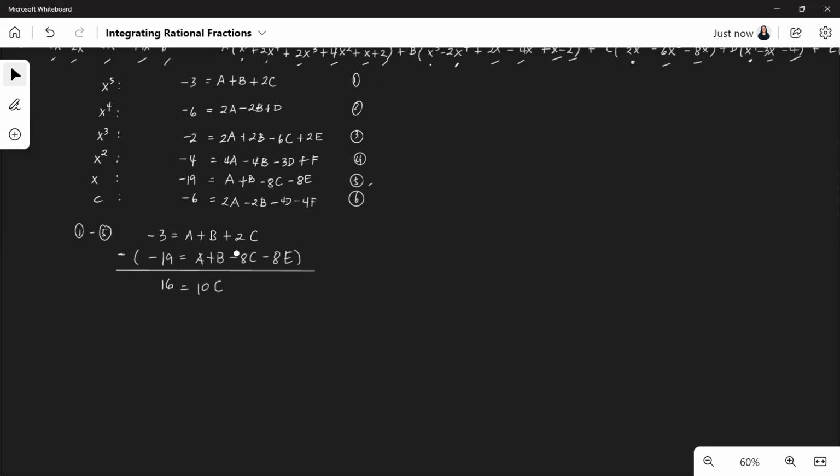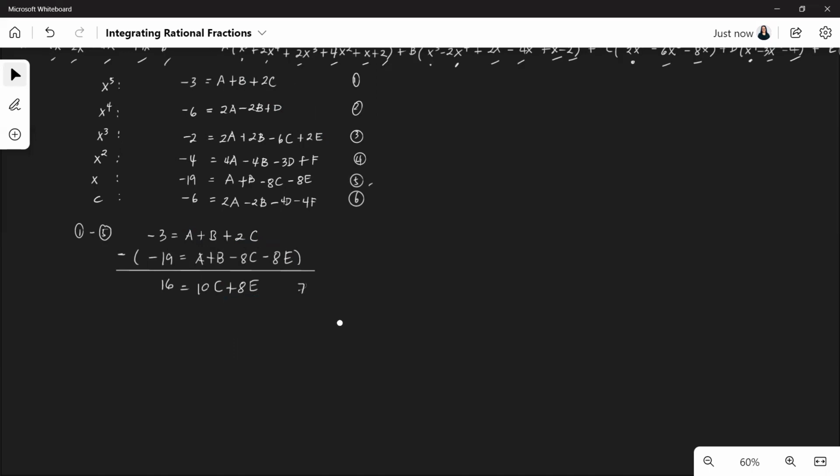And then 0E for equation 1 minus negative 8E, so that's plus 8E, right? If you want to apply addition instead of subtraction, just look for suitable equations. The number of unknowns is now reduced to 2, from A, B, C, and E, which was 4. So let this be equation 7.